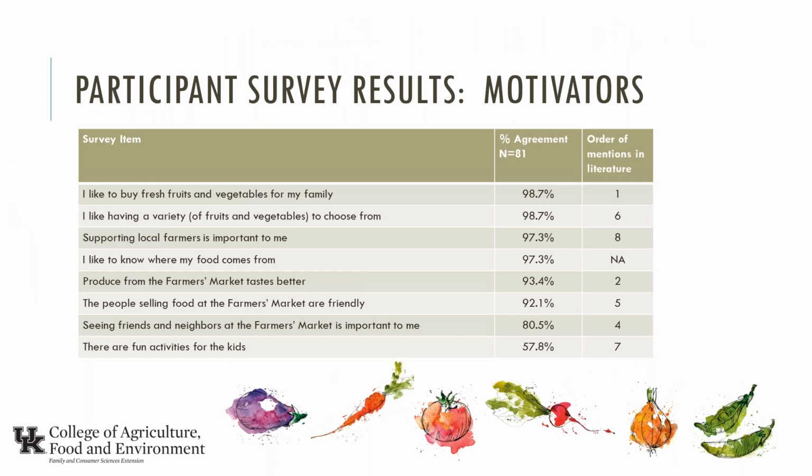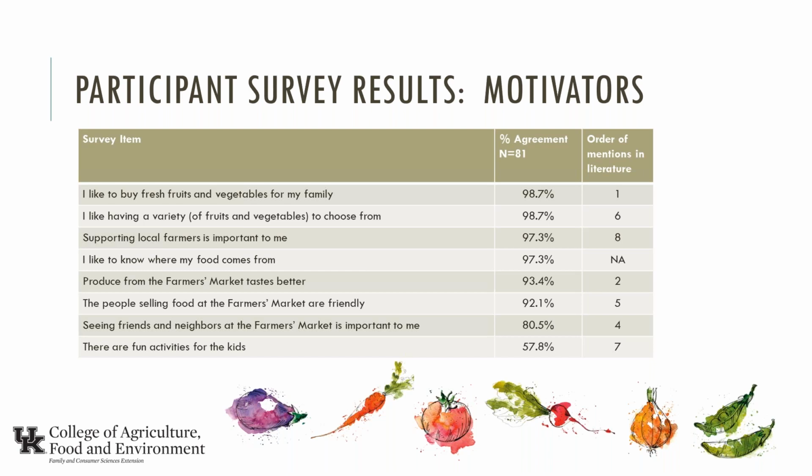So we took our survey results, asking those same questions, and put it up next to the order of mentions in literature. And so access to fresh fruits and vegetables and variety were still the top two, really high up there.